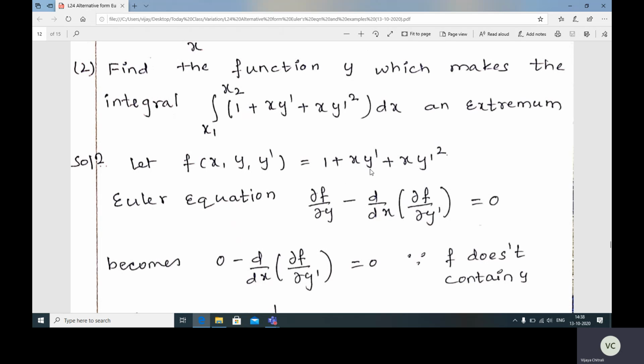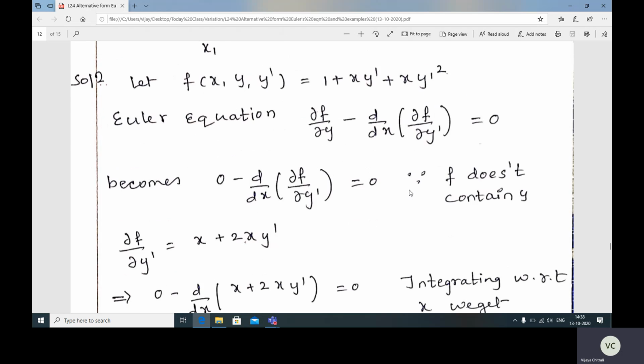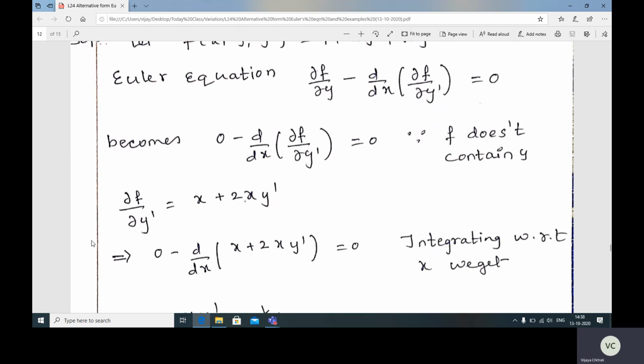So you'll get here x plus 2x y dash. So dou f by dou y dash is x plus 2x y dash. So substituting, 0 minus d by dx of x plus 2x y dash is equal to 0.